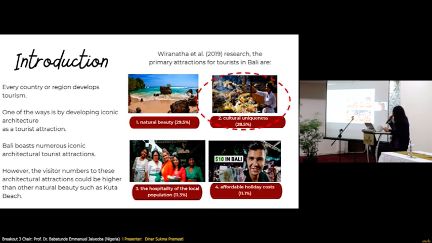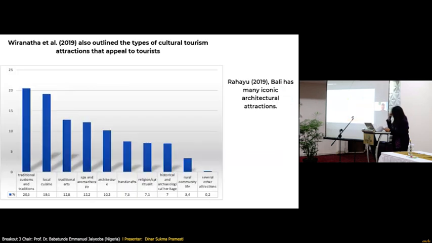Architecture is one of the cultural uniqueness. Wiranata et al. also outlined the types of cultural tourism that appeal to tourists. First, traditional custom and tradition, followed by local cuisine, traditional art, spa, and architecture, which is fifth in the ranking.